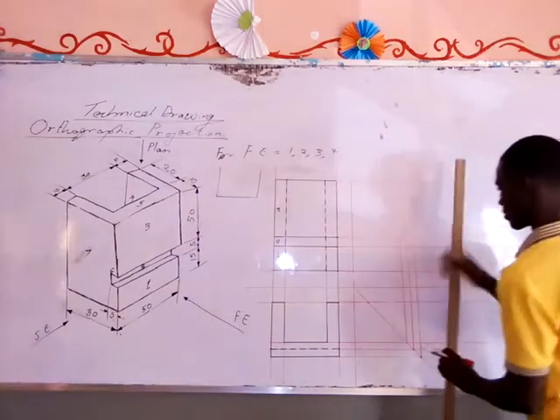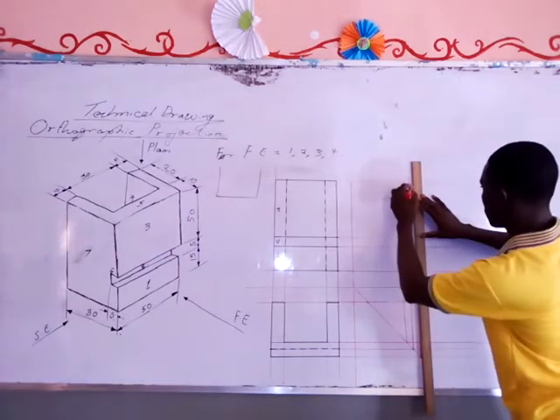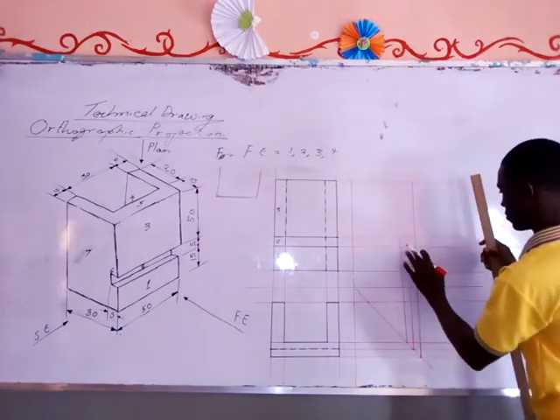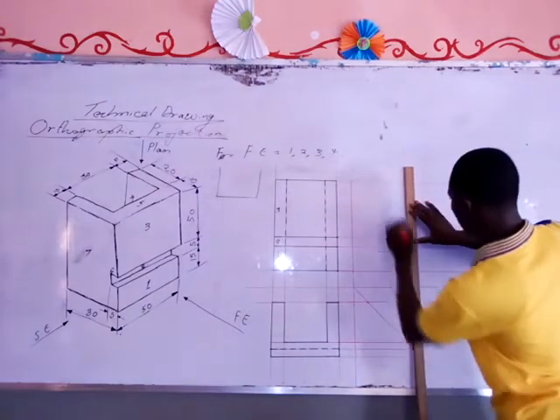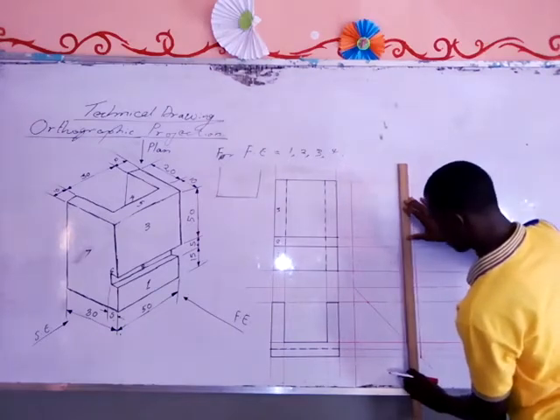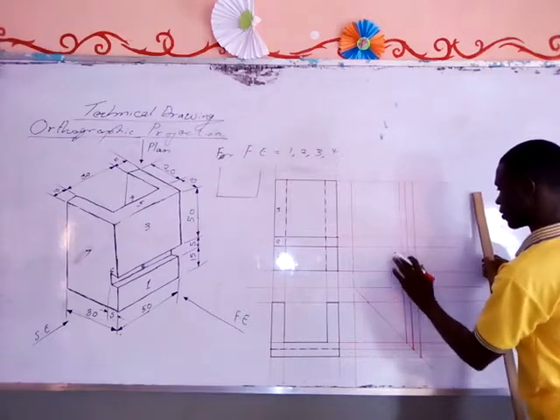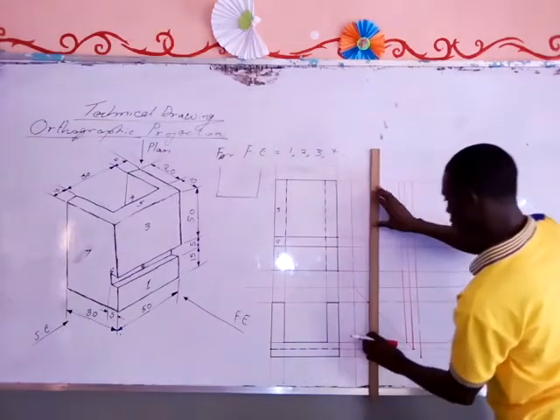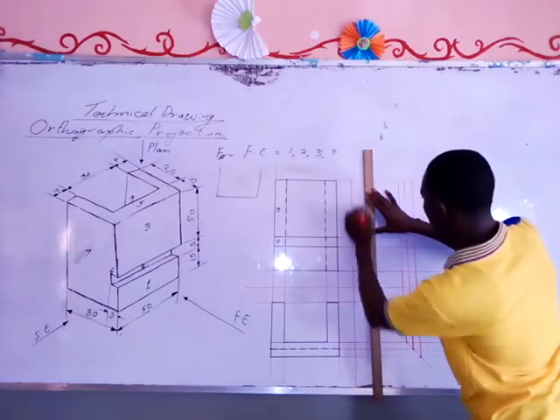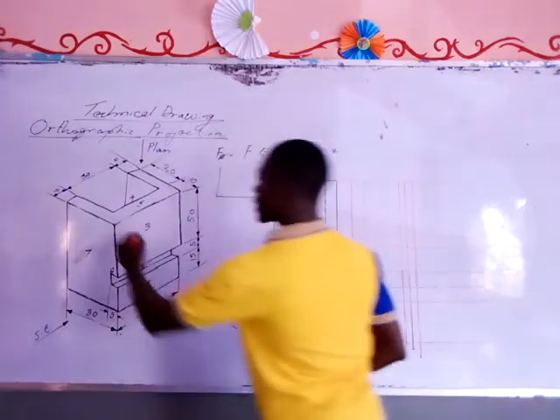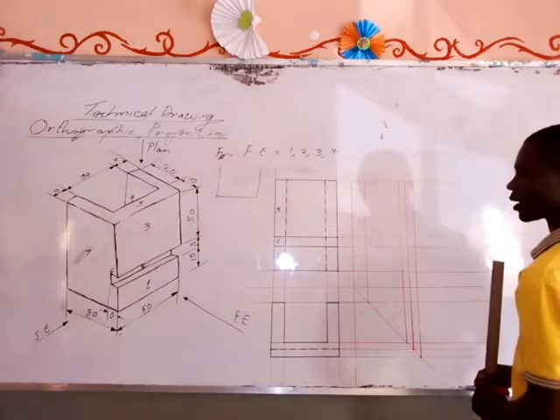These lines are not straight, they need to be straight. Okay, so the last one is here. Draw a vertical line. What we want to do is bring out this shape. Let's see how that's going to work out.